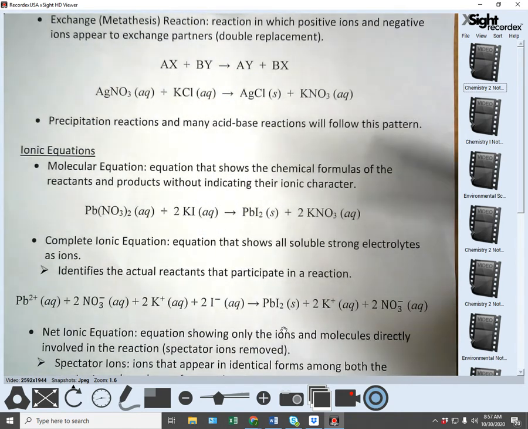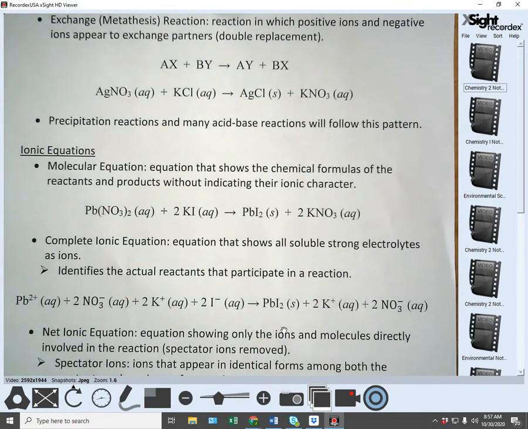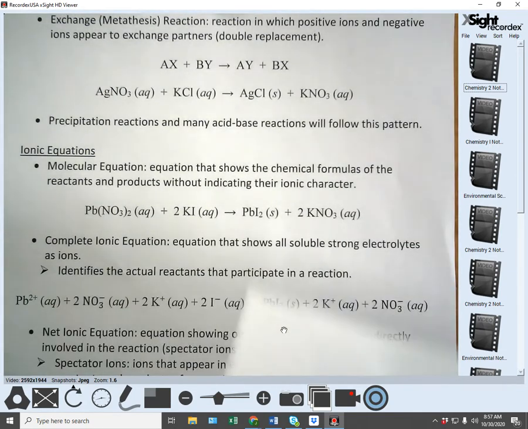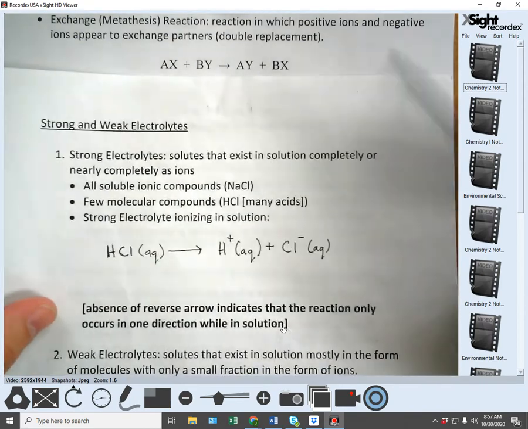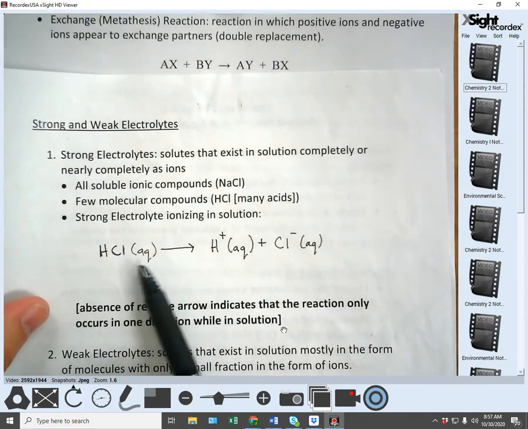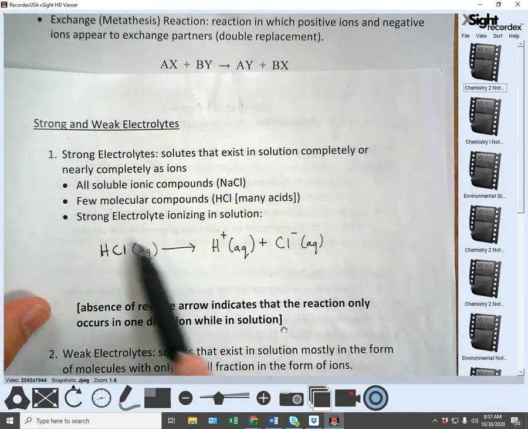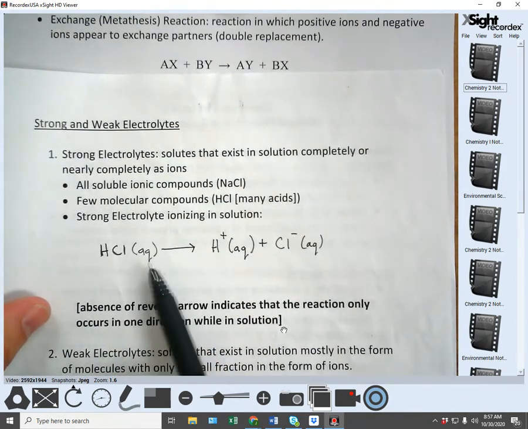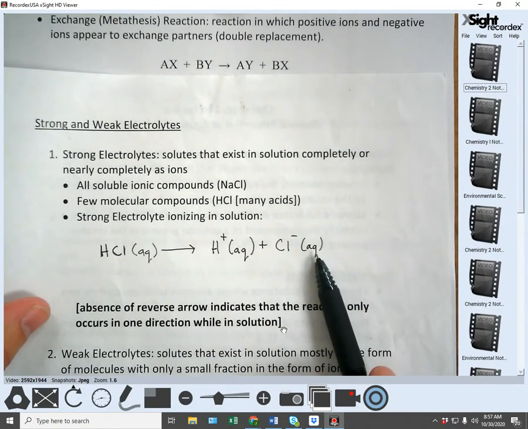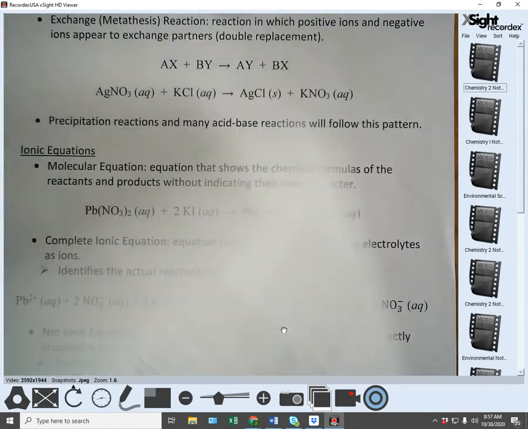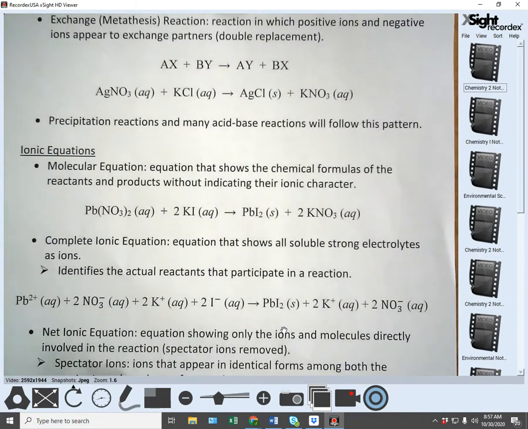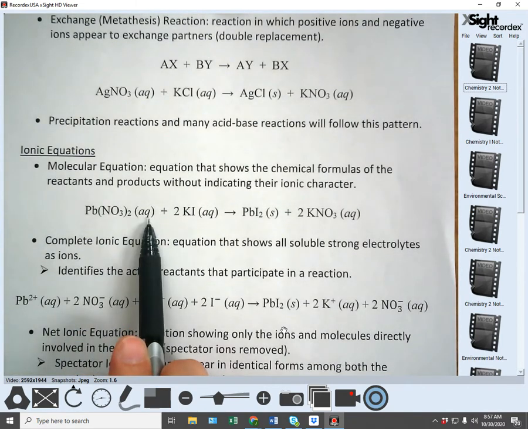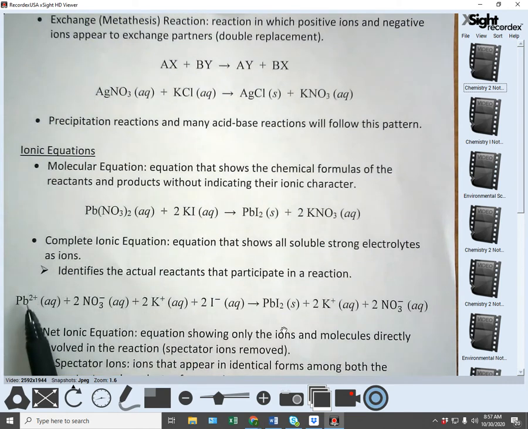If you remember back to our notes in 4.1, remember when we were showing the ionizing in solution, how the strong electrolytes break up into positive and negative? Okay. Ionic equations are essentially anything that is aqueous, you are going to split into its ions.